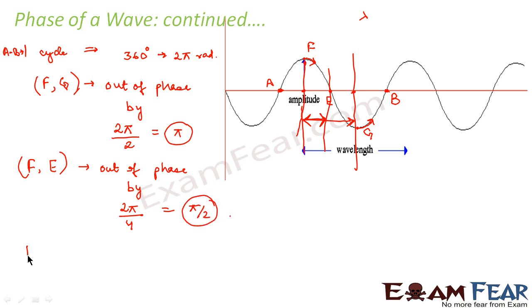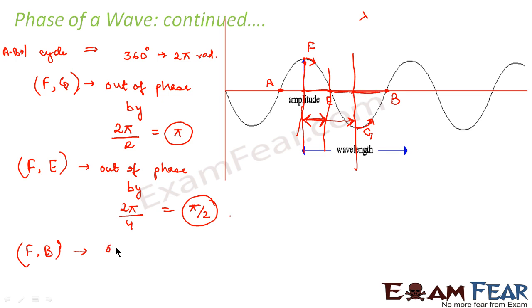Similarly, if we compare point F and point B, they are again out of phase. But what is the distance between point F and point B? It is nothing but 3/4 of the distance between A and B, right?